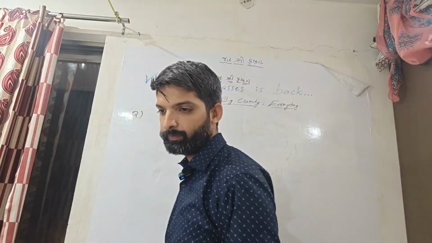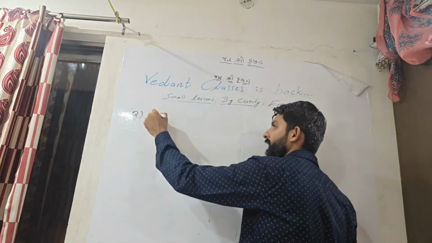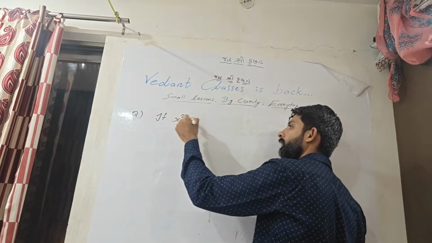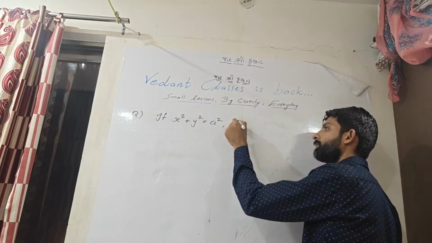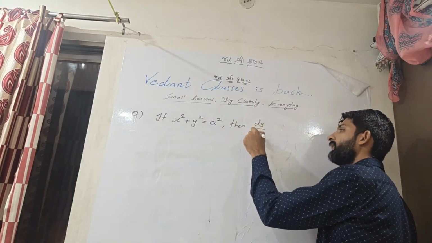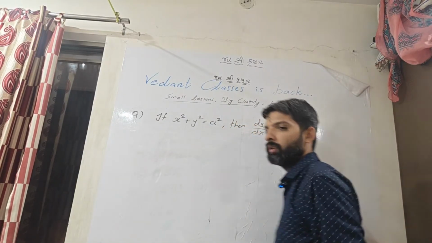Let's solve the next. If x square plus y square is equal to a square, then dy by dx is equal to what? Type the answer.